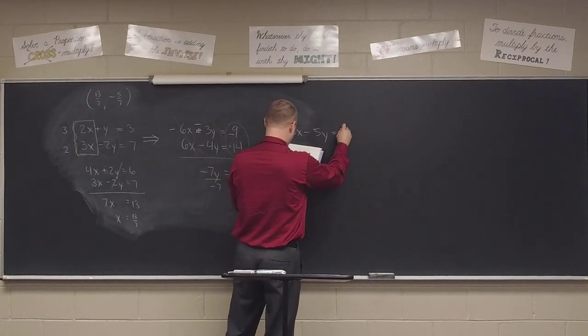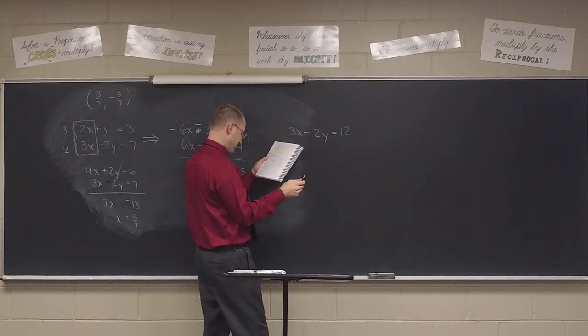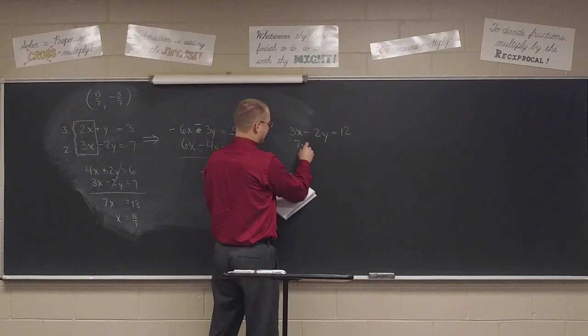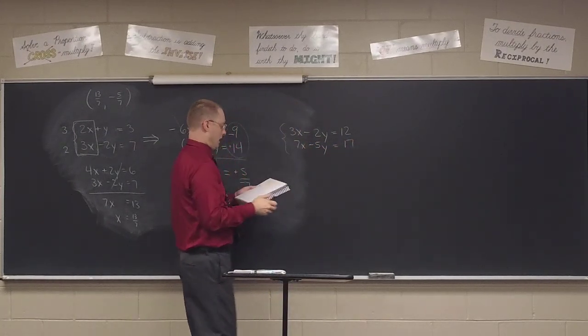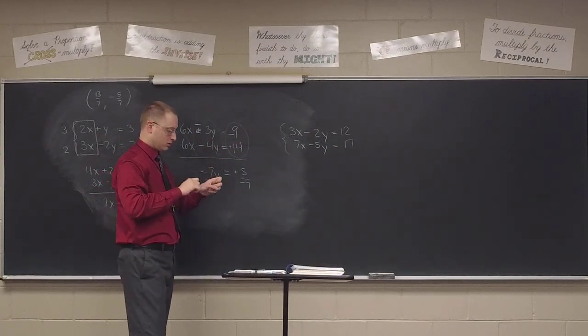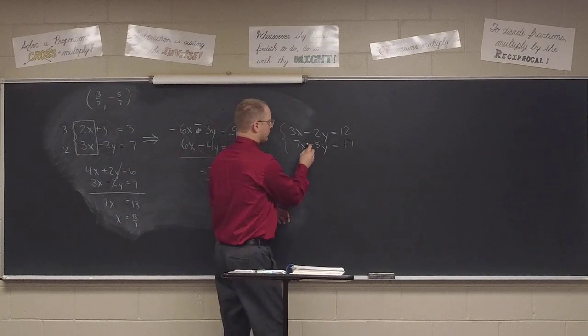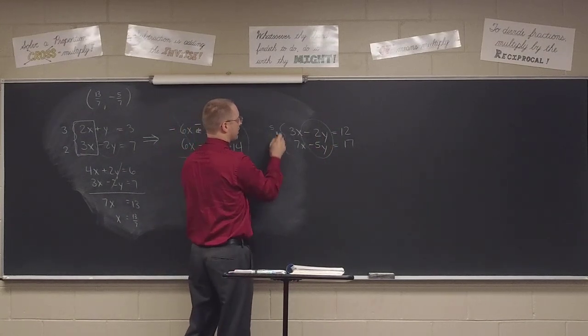3x negative 2y is equal to 12, and 7x negative 5y is equal to 17. Which variable did you get rid of first? So you had to multiply the top by 5 and the bottom by 2.